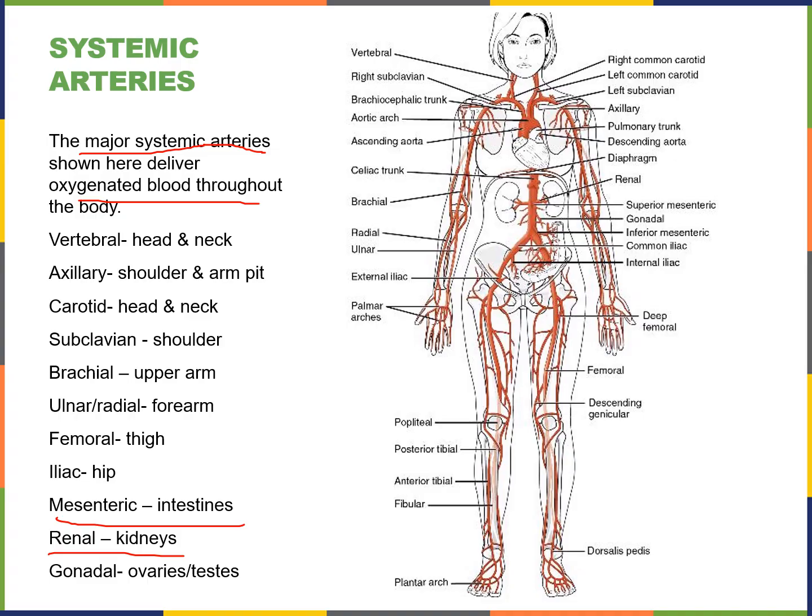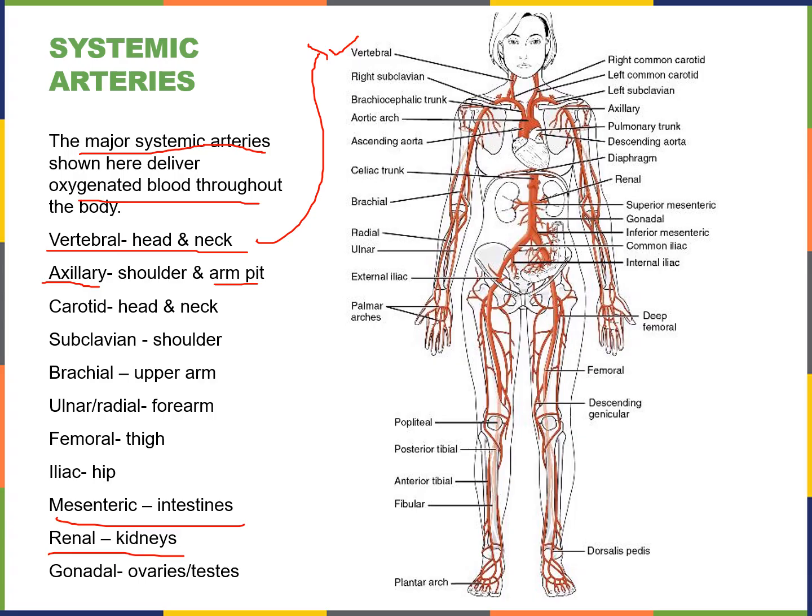So let's start at the top. Vertebral sends oxygenated blood to the head and neck, and there is the vertebral. So try and just connect the text-based information with the diagram that we've given you here. Axillary refers to the armpit always. You can talk about axillary lymph nodes, means in the armpit.